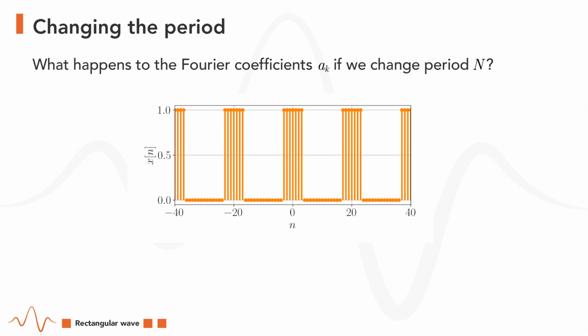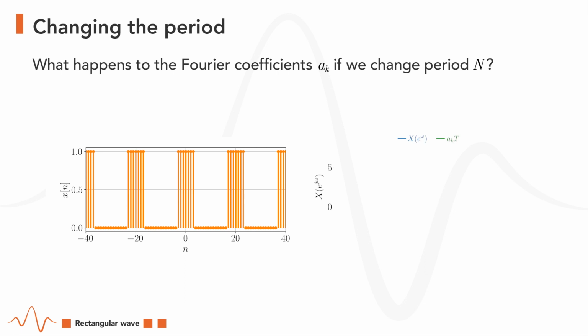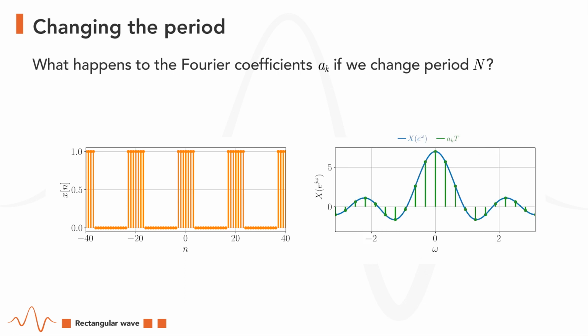What happens to the Fourier coefficients ak if we change the period capital N? On the left-hand side, the rectangular wave is plotted, and on the right-hand side, the Fourier coefficients and the envelope function are plotted. An important detail is the domain where this envelope function and Fourier coefficients are plotted.